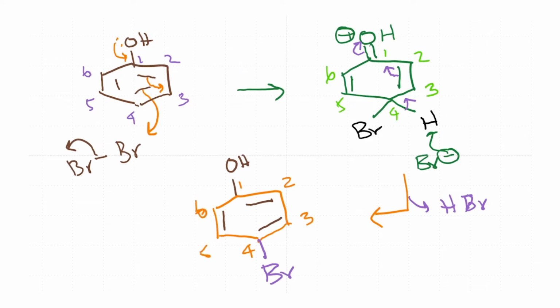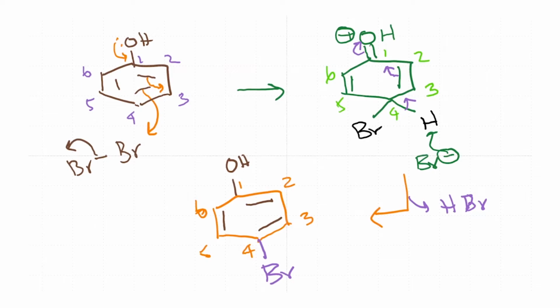Okay, so this is how this reaction can occur, and this makes sense from many angles. One is that the OH group is quite electron donating through resonance, and I don't see any problem in this mechanism the way it's written.